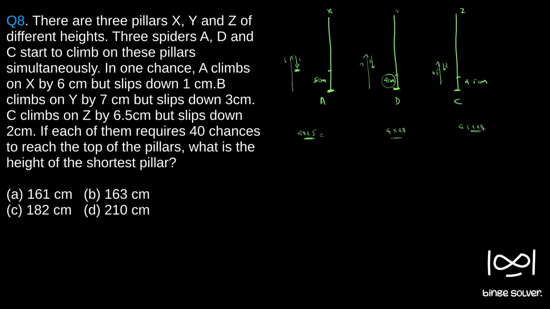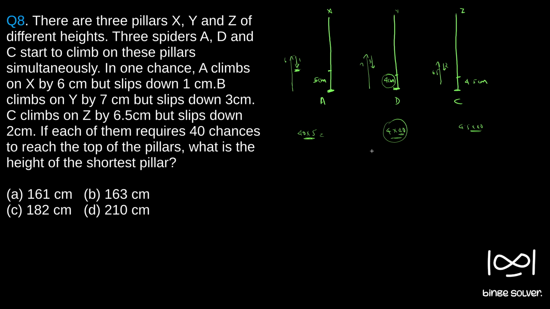If you see, the smallest among these will be the height of the shortest pillar. So clearly 40 into 4 is much lesser than 40 into 5 or 40 into 4.5. So this will be the shortest pillar. So here there is again a trick. We don't have to calculate 40 into 4.